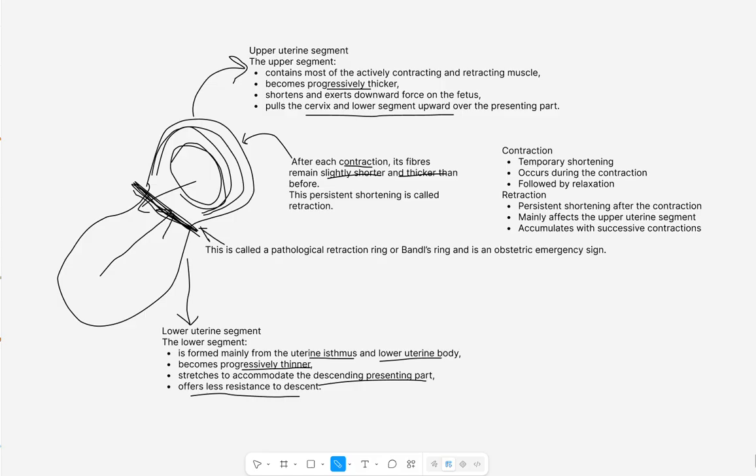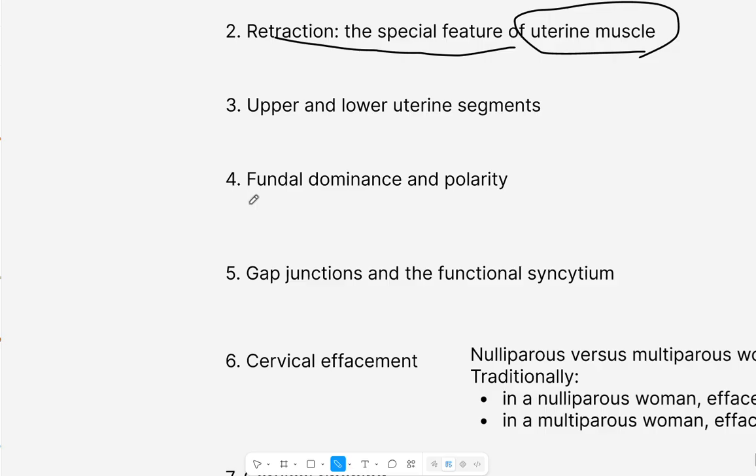Now, there's something called fundal dominance, right? Fundal dominance basically says that each uterine contraction starts in the fundus near one of the cornua and spreads across and downwards.